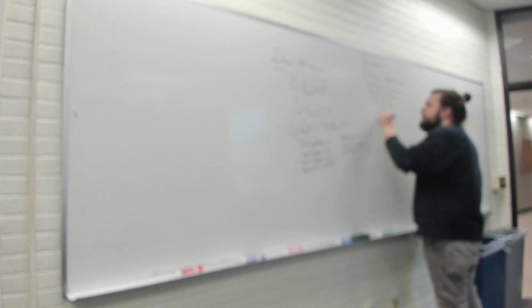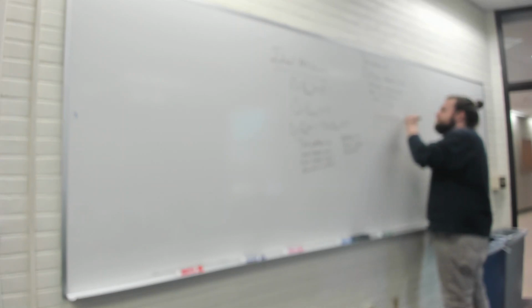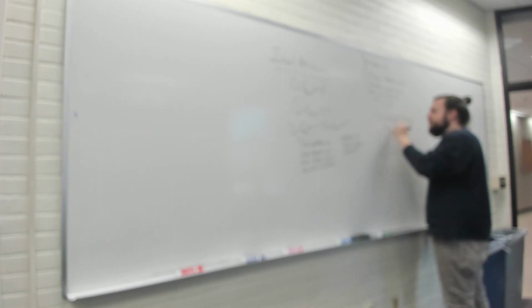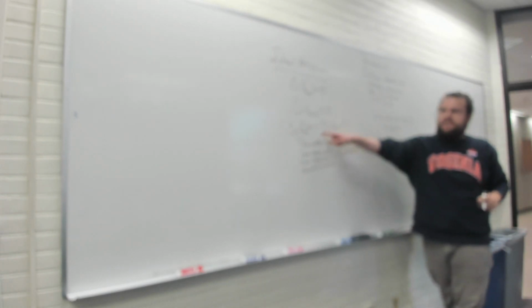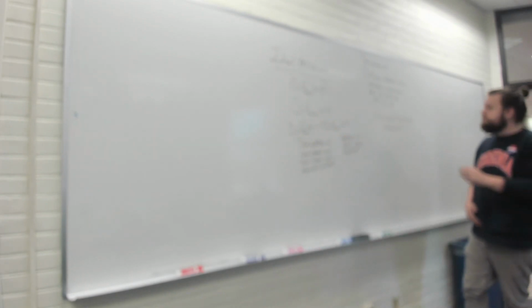So if AB is stronger than AA or BB, just as a reminder, I think we came to this conclusion last class, H mix is going to be less than 0, which makes the mixing more spontaneous. It makes Gibbs more negative.